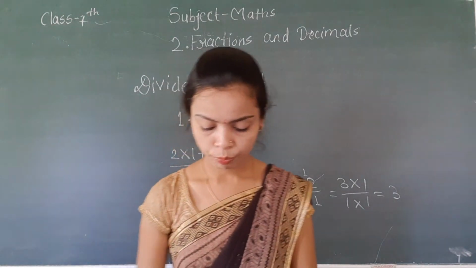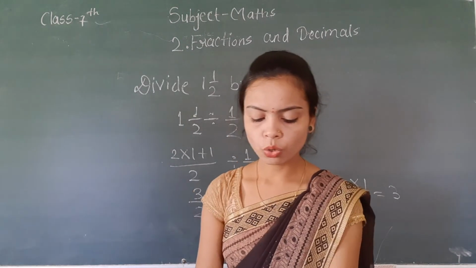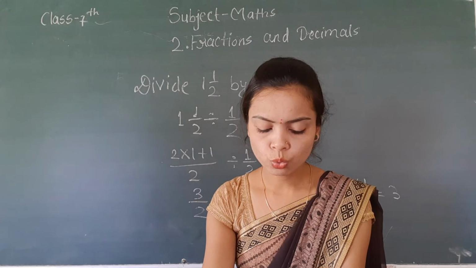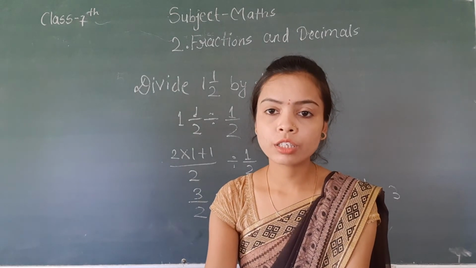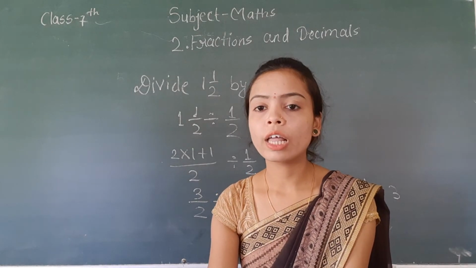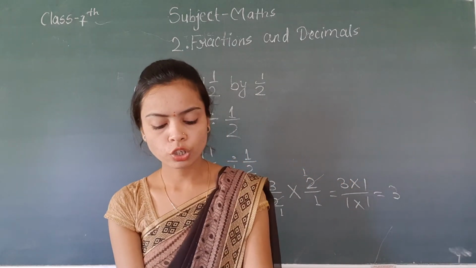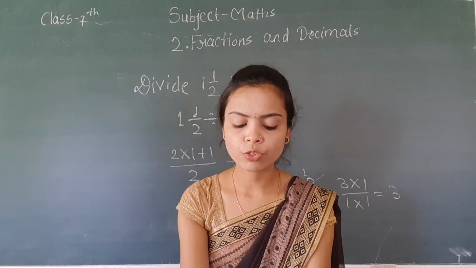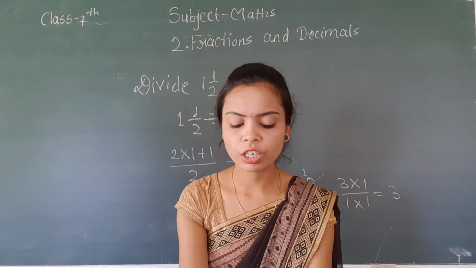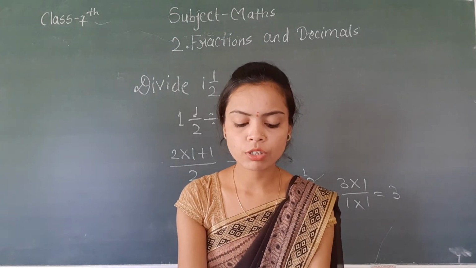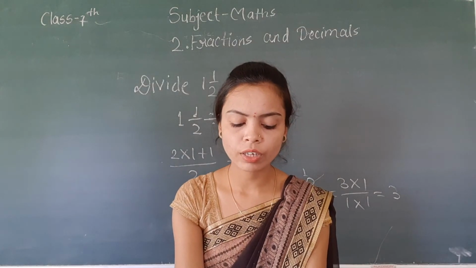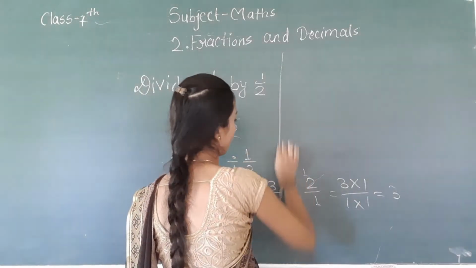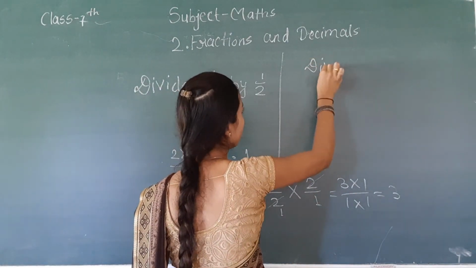Okay. So dear students, you have to solve question number 1 of exercise 2C. Okay, listen carefully. In exercise 2C, question number 1, you have to divide your first fraction by the second fraction. If there is no denominator, suppose the first question is divide 7 by 7 by 8.